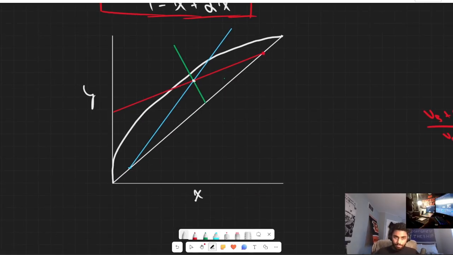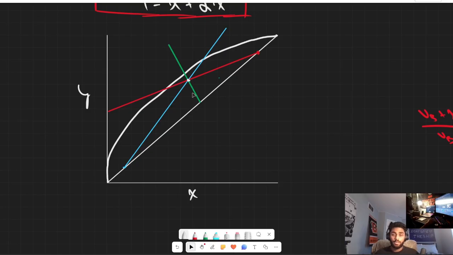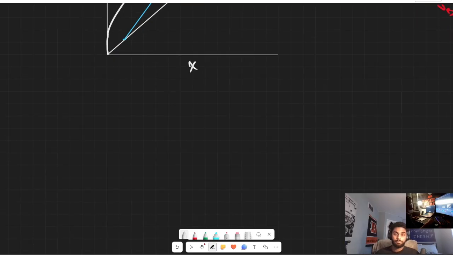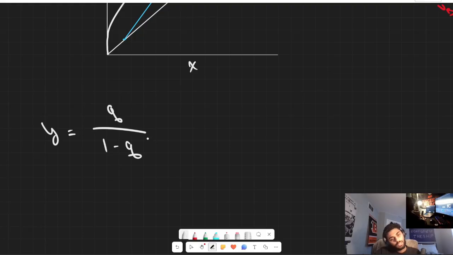So the way we can calculate that is just using any two equations and finding that intercept point. So I'll choose my two favorite, which is the Q line. So that looks like this. y equals q over 1 minus q. Actually, I'll write it like this, just so it makes a bit more sense in my head.